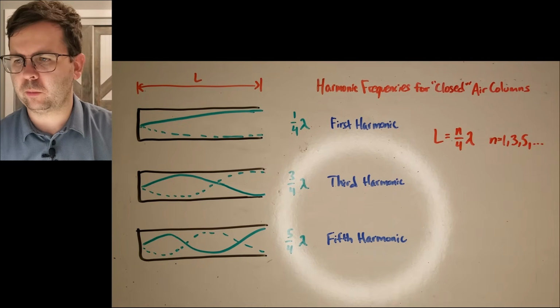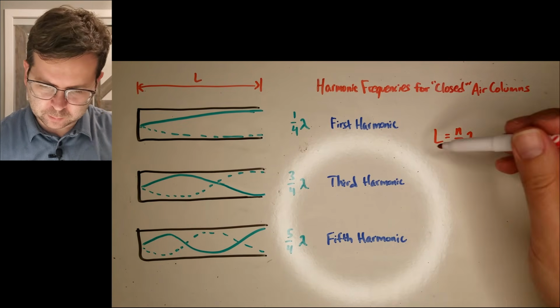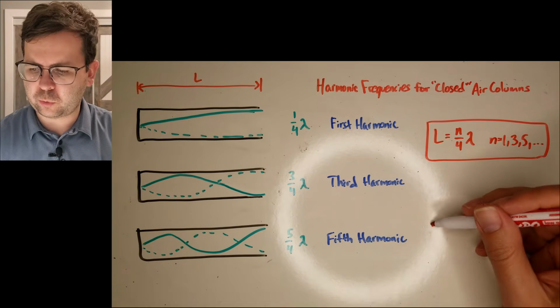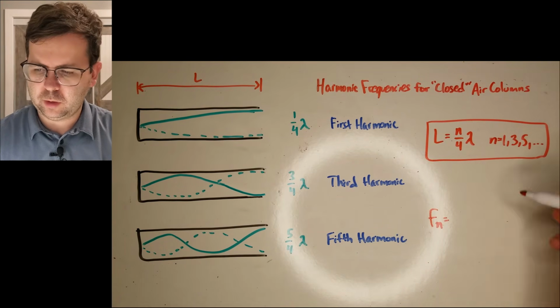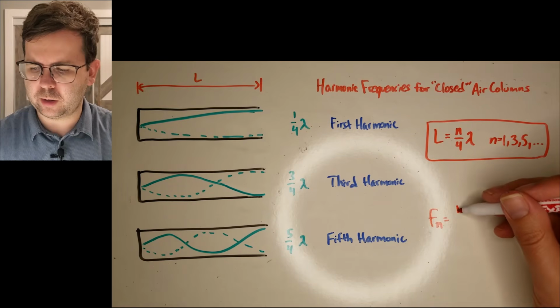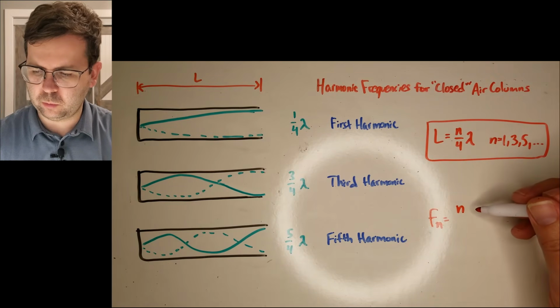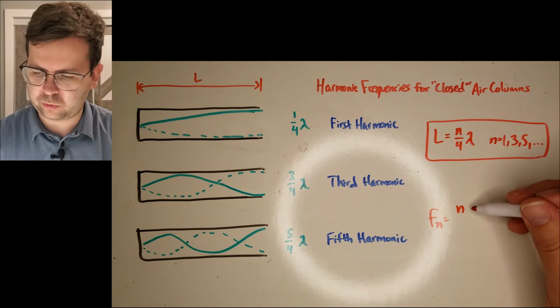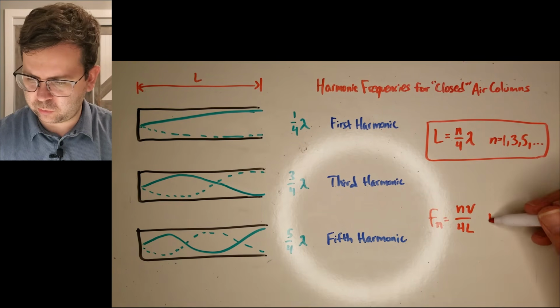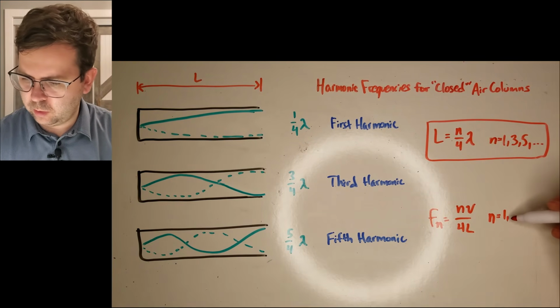So that's the way that we write that. We can put a box around it like this. And then the frequencies that are possible, likewise, have to do with this pattern of only being odd numbers of fourth wavelengths. So we have this equation for the frequencies.